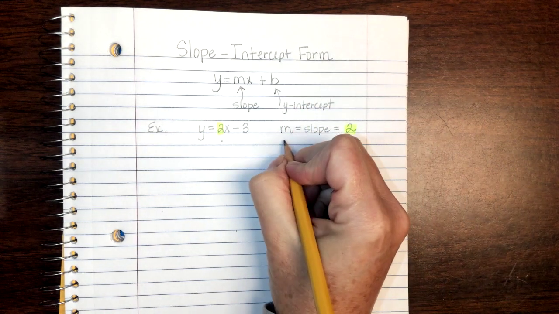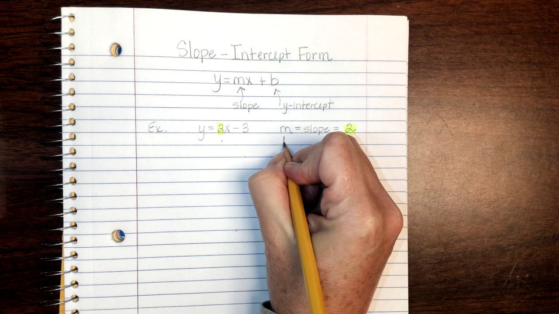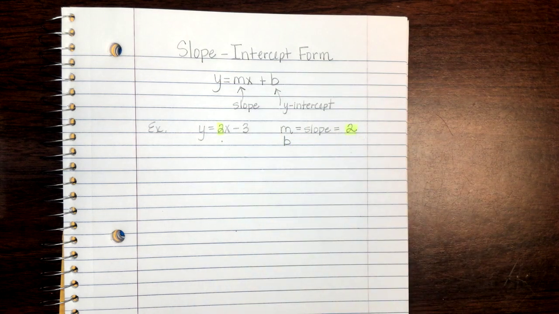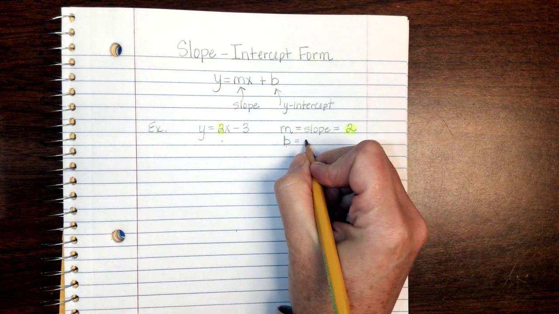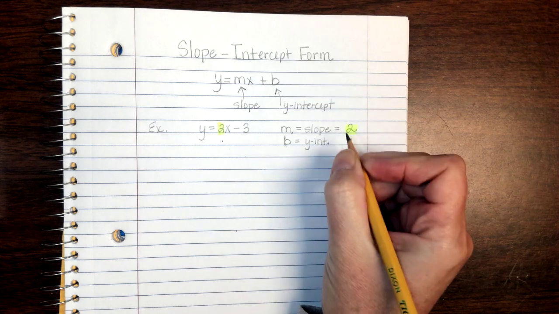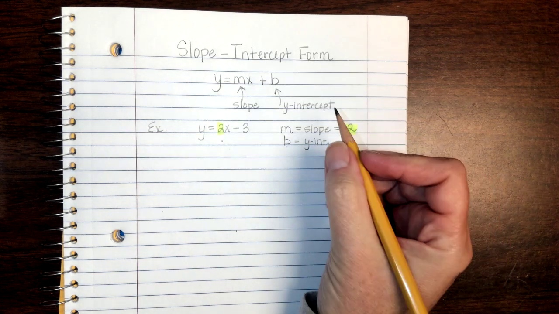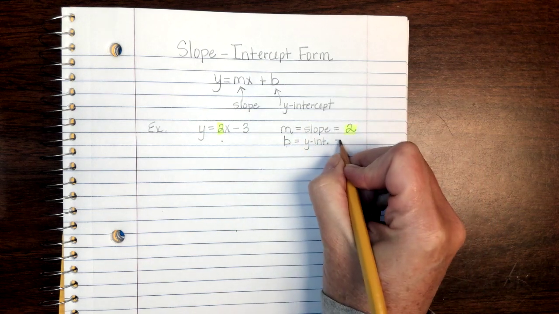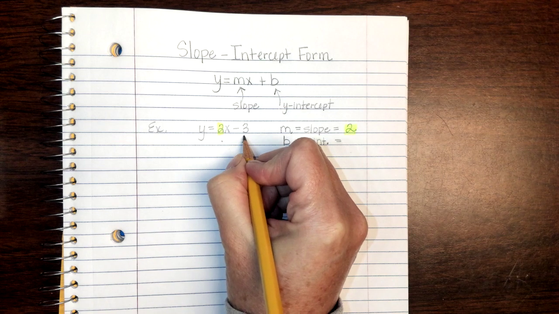Then if I was asked to write down the y-intercept, that's your b. Just like the letter m is always used to indicate slope, the letter b is always used to indicate y-intercept. Not the x, but the y-intercept. And you can abbreviate that y-int. So the y-intercept, otherwise known as b, is equal to, in this case, negative 3.